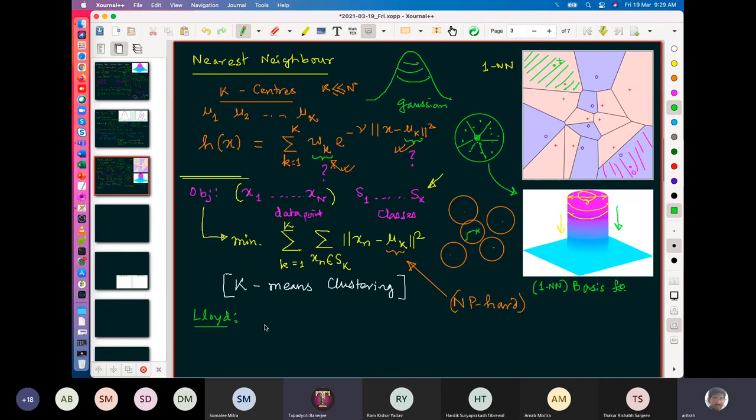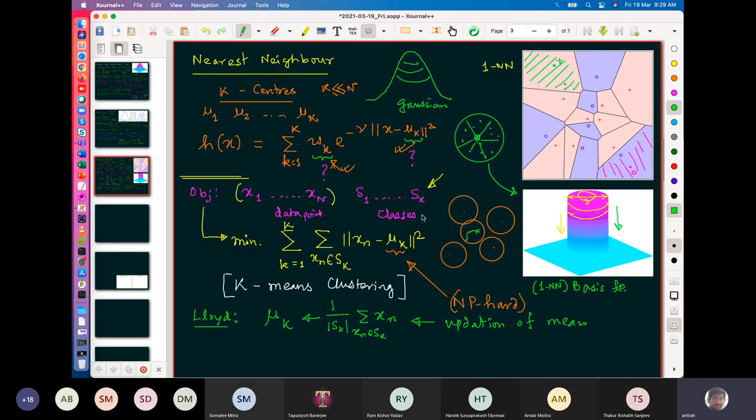Your arbitrary k points in each iteration get updated by the clusters, where xn belongs to Sk, and you go on taking the mean of those. This is the update of the mean in each iteration.